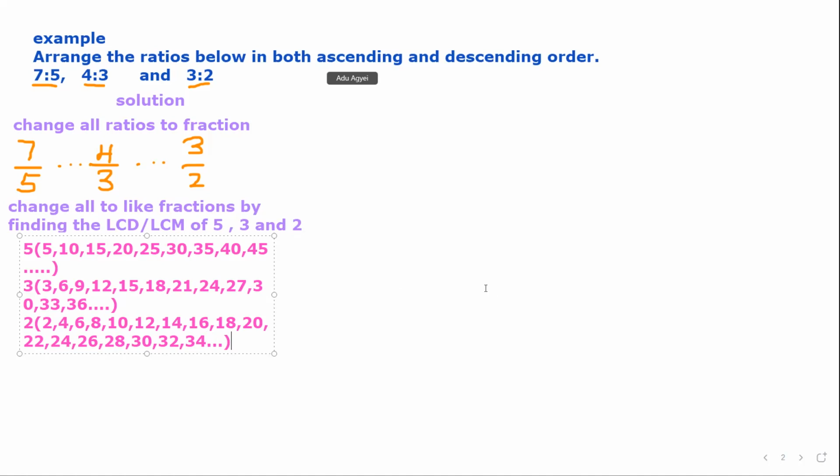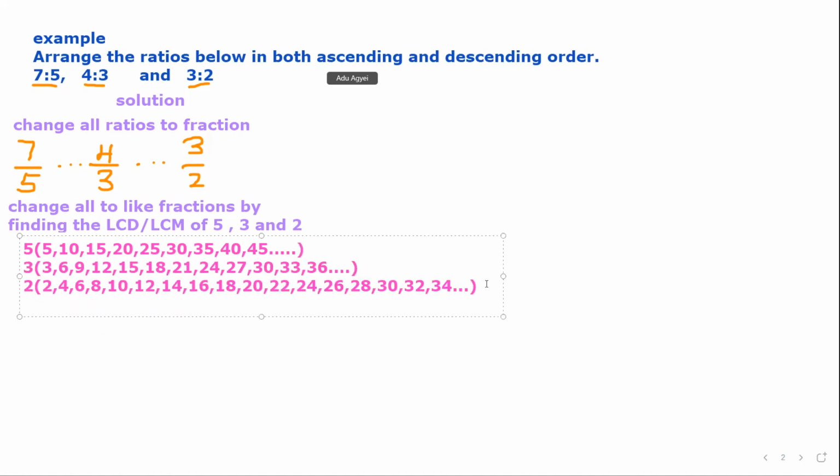After then, find the common multiples here, which is the CM, and we have 30 throughout. When you continue, you will definitely get 60. Good. And then you stop. Then you have the LCM, the least common multiple.